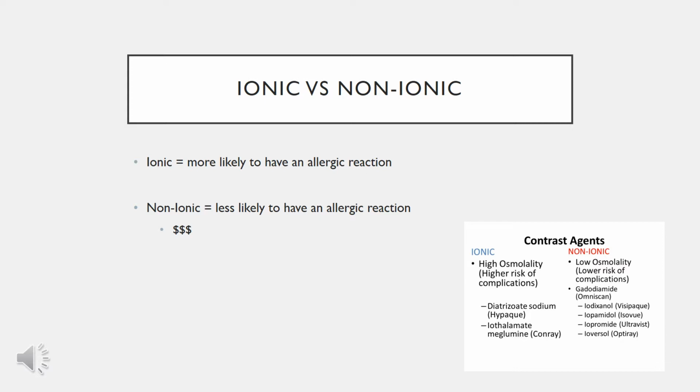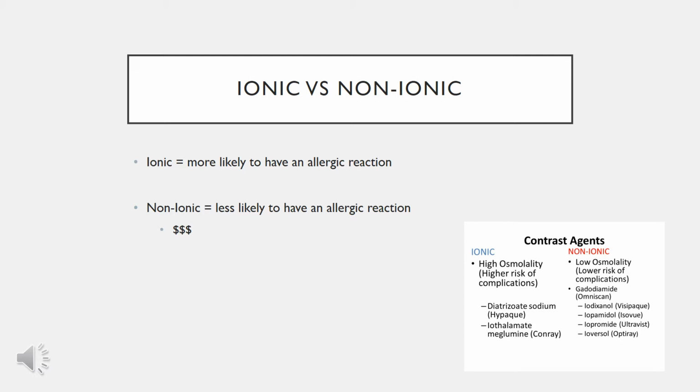And that's why patients with a higher risk of potential reactions, maybe they're in poor health, maybe they have had contrast reactions before, maybe they have kidney issues, are going to be given this non-ionic contrast media because there's going to be a less likelihood of reactions.